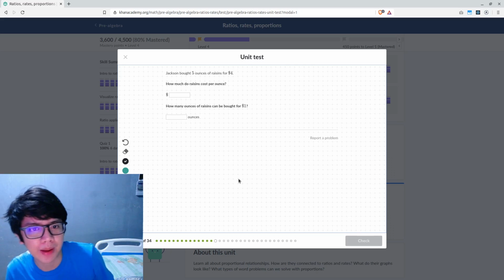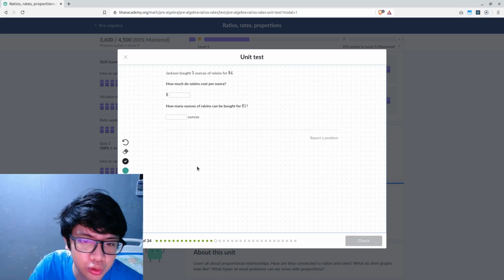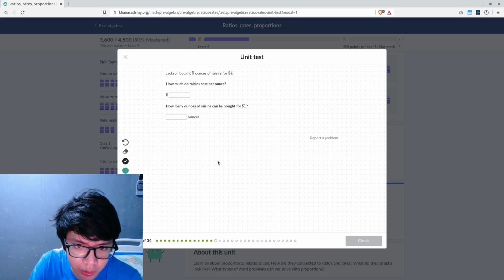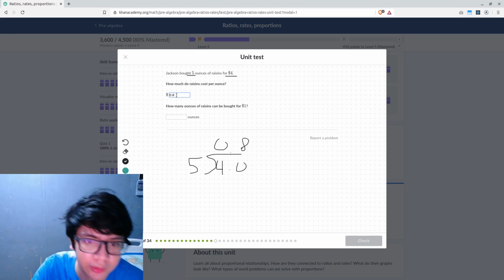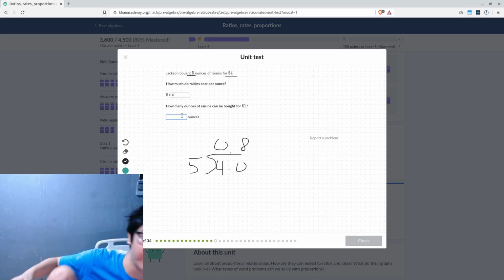Jackson bought 5 ounces of raisins for $4. How much do raisins cost per ounce? Okay, so the 5 ounces of raisins cost 5 ounces of raisins for $4. So we're gonna divide it by 5 to get the same amount, $0.8, 0.8 per ounce. How many ounces of raisins can be bought for $1?